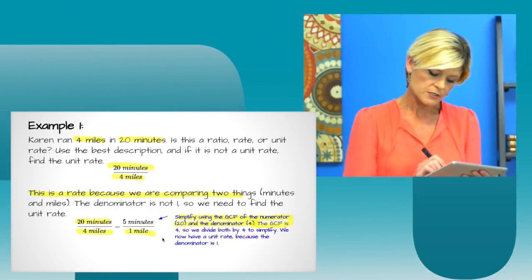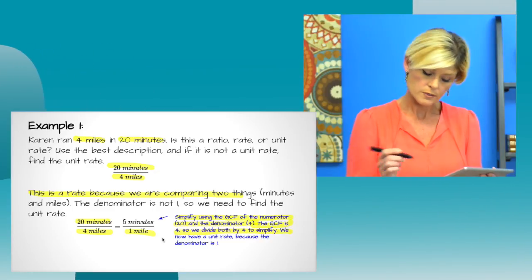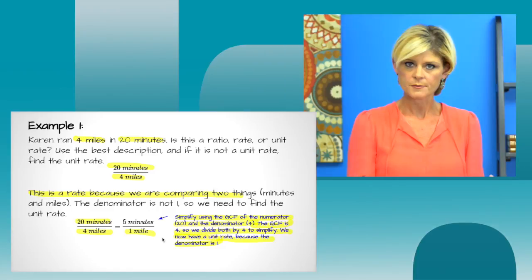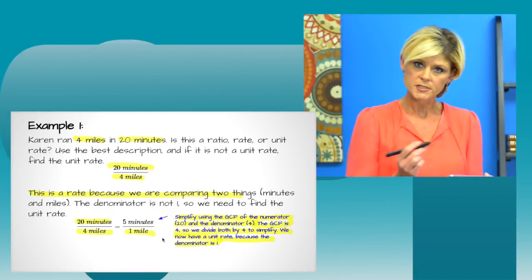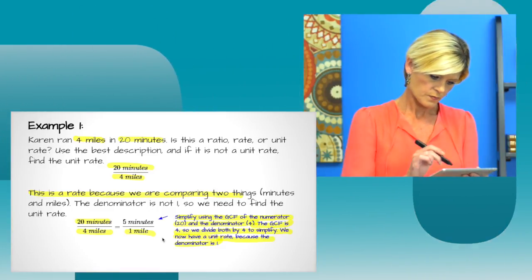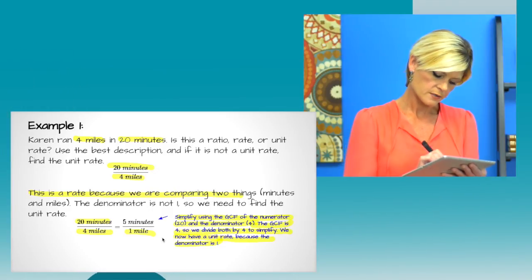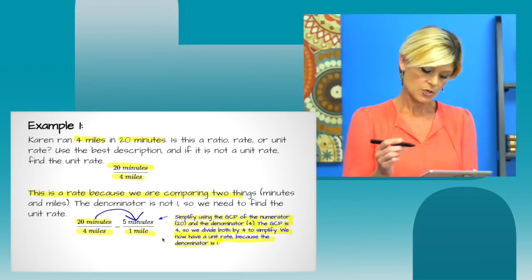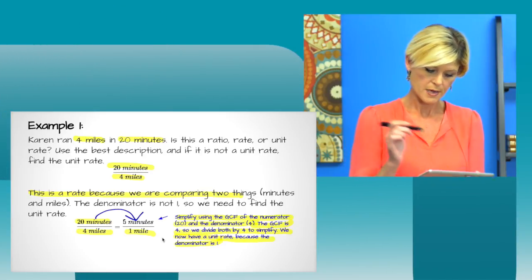The greatest common factor is 4, so we divide both by 4 to simplify. And now we have our unit rate because the denominator is 1. So 4 divided by 4 is 1. And 20 divided by 4 is 5. So it takes her 5 minutes to run 1 mile. She's quick.